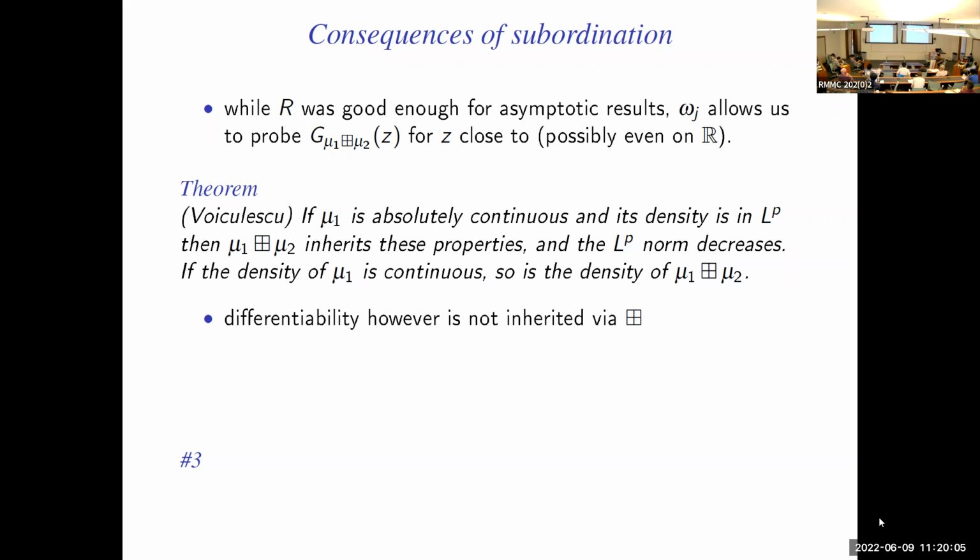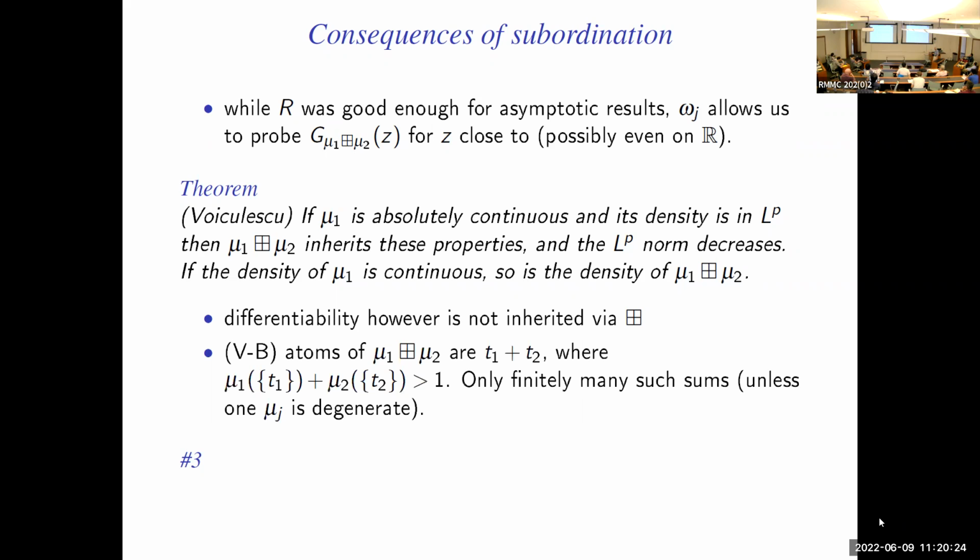So even if your initial function was a C infinity function, you convolve it with itself sufficiently many times, that corner emerges at some point. So you might have differentiability for a while, but not forever.